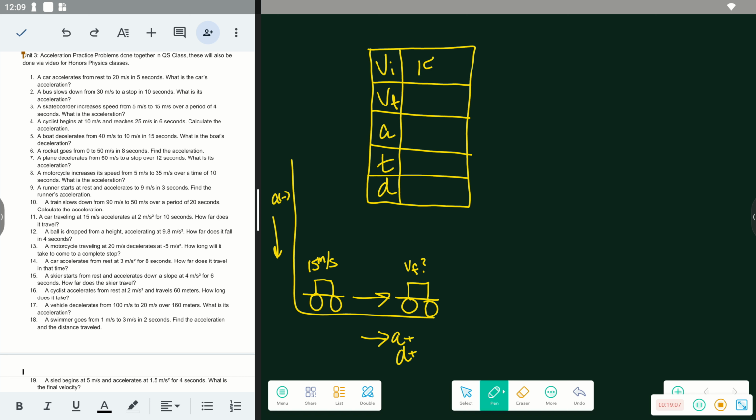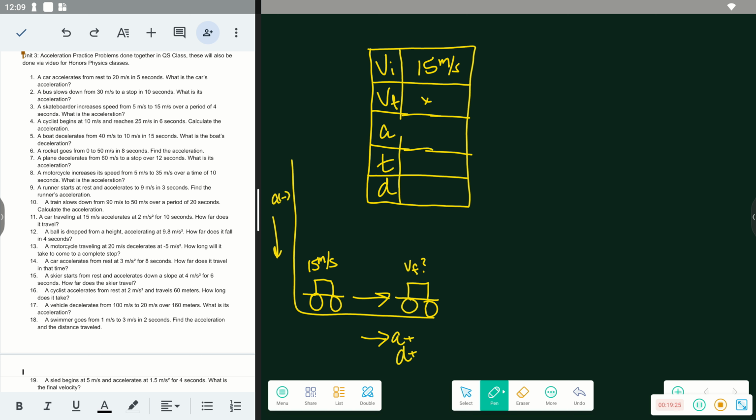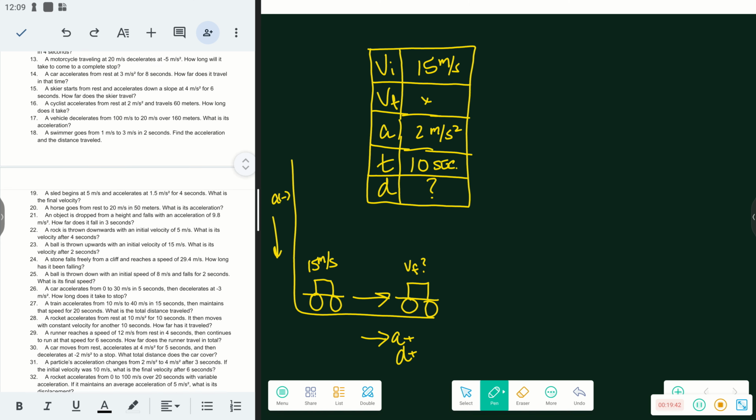Final velocity, we don't know. Acceleration is 2 meters per second squared. What's your time? 10 seconds. And your displacement, that's what you have to solve for.